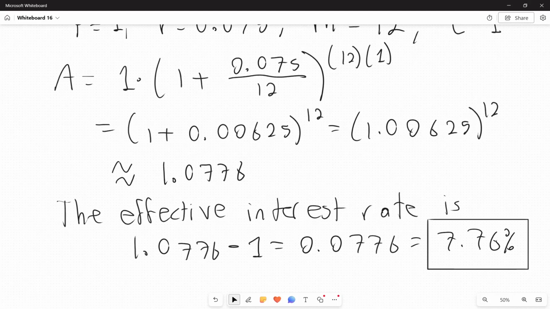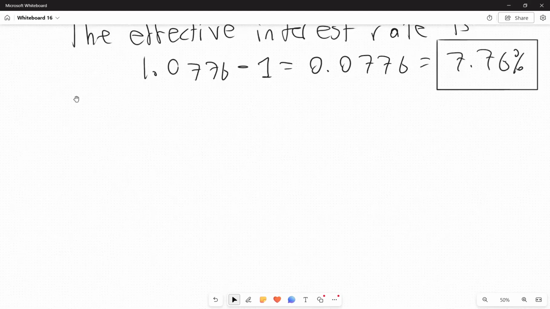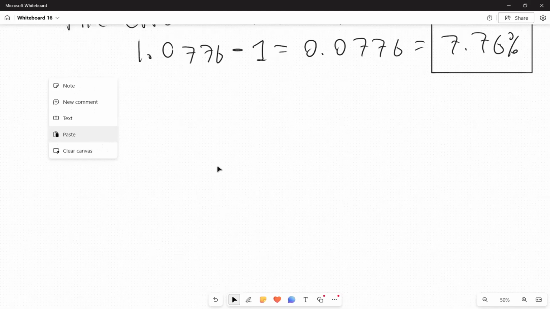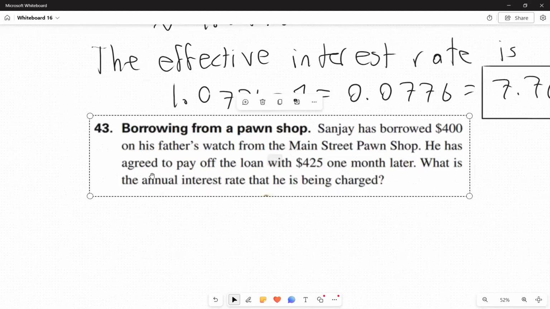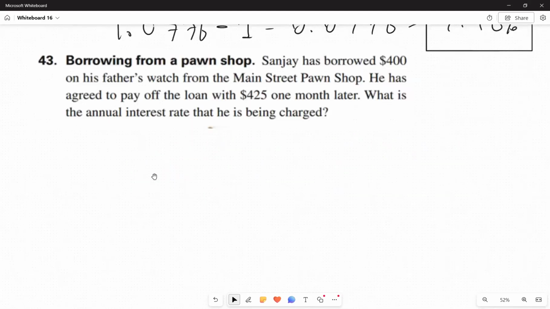So I'm copying the problem right now. So we're finding the interest rate. Sanjay has borrowed $400 on his father's watch from the Main Street pawn shop. He has agreed to pay off the loan with $425 1 month later. What is the annual interest rate that he's being charged?